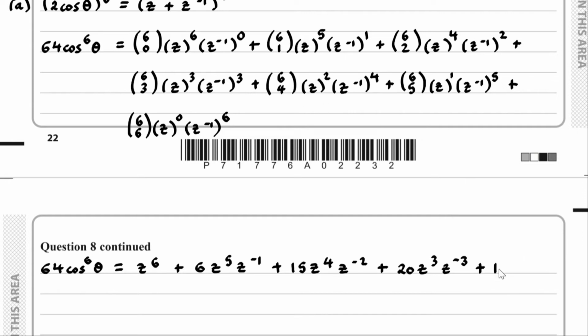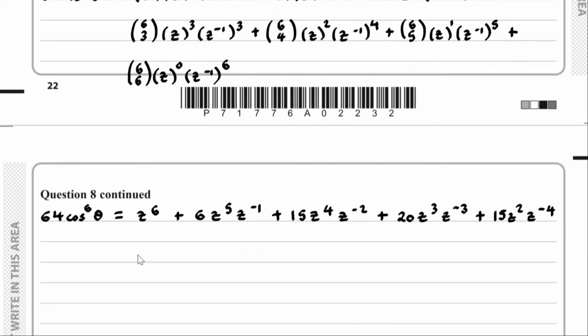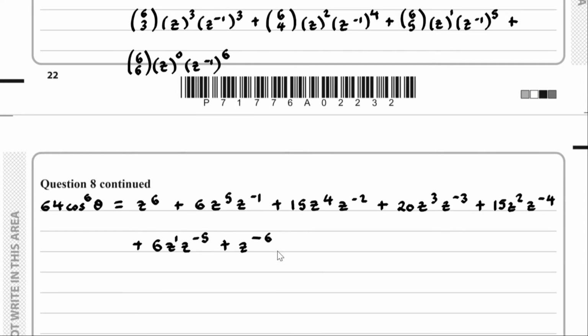and then because of symmetry, next one will be 15 z squared z to the minus 4. Then I have 6 z times z to the minus 5, and then I have z to the minus 6.